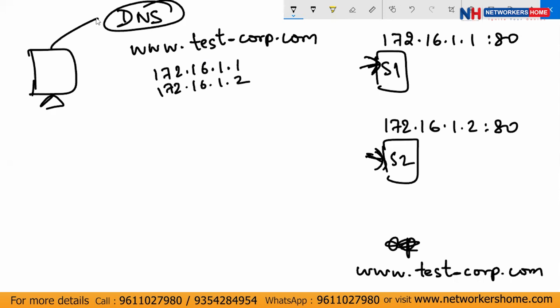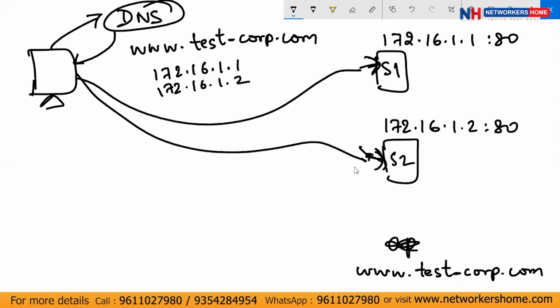Whenever a DNS query was initiated to the DNS server, it responded with these two IP addresses in a round robin fashion. So sometimes the user got connected to this server, sometimes to that server. This was back in the 90s. Long time back, this was the solution used to achieve load balancing.